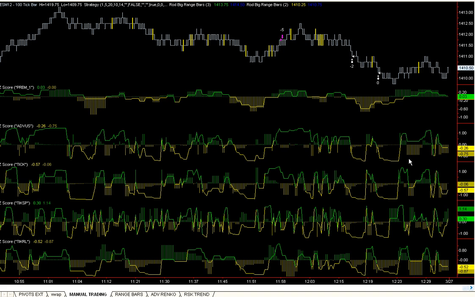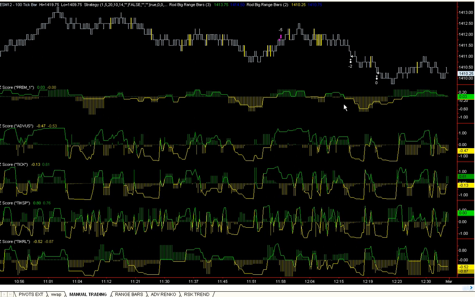We're looking at 1409.5. Now that would turn out to be a new low for the day. That's going to happen. The pattern would suggest that without anything else to worry about. But just to give you an example of where we want the indicator to be.